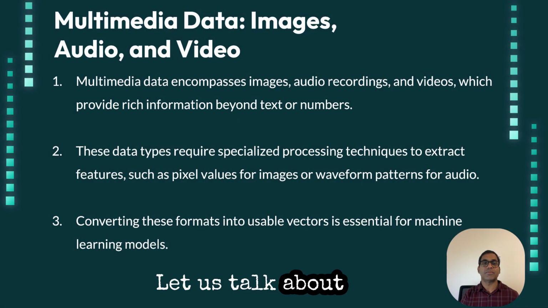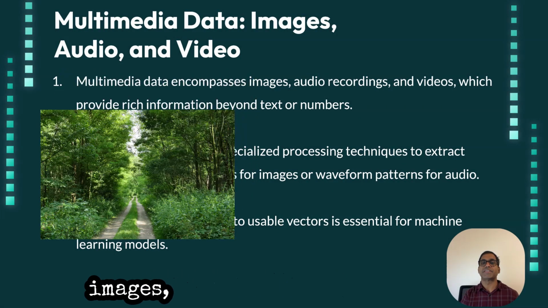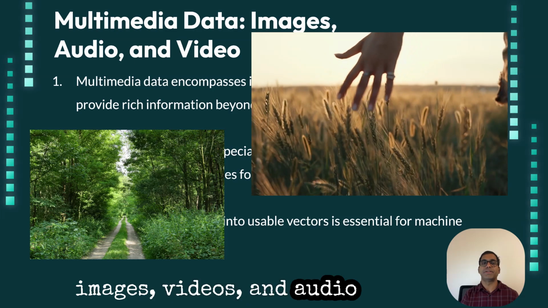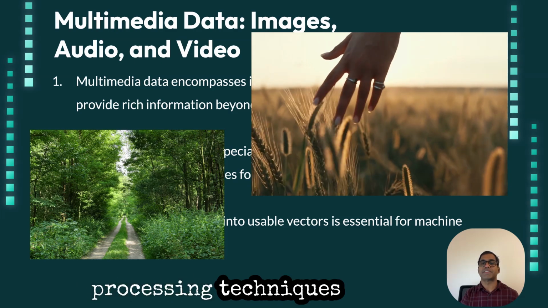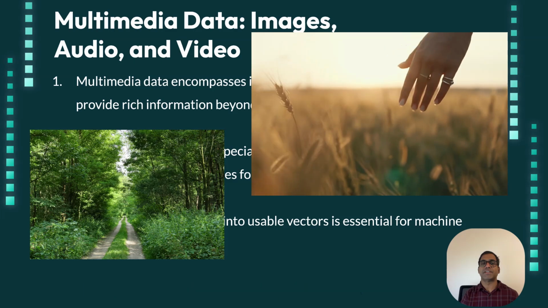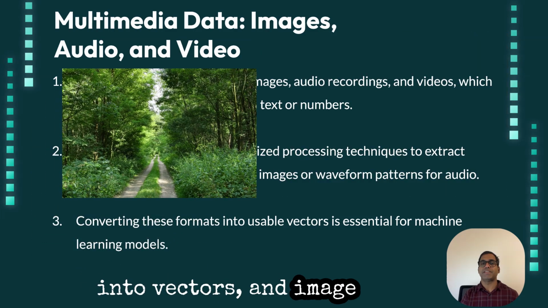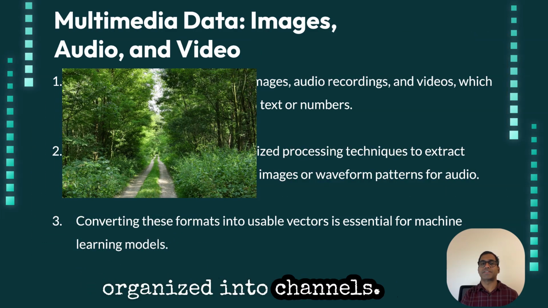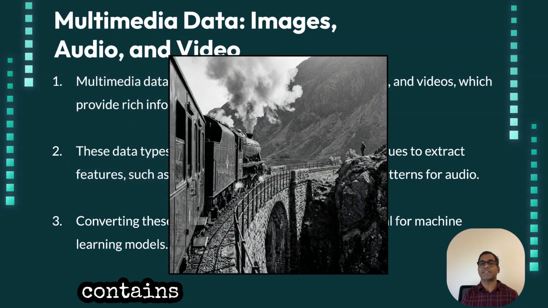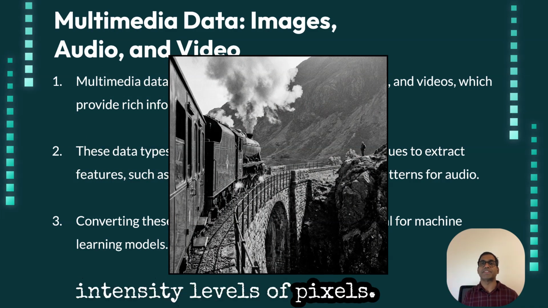Let us talk about multimedia data. Multimedia data contains images, videos, and audio. And multimedia data requires specialized processing techniques and tools to convert data into vectors. An image is represented as pixel values organized into channels. A grayscale image contains a single channel whose values represent intensity levels of pixels.